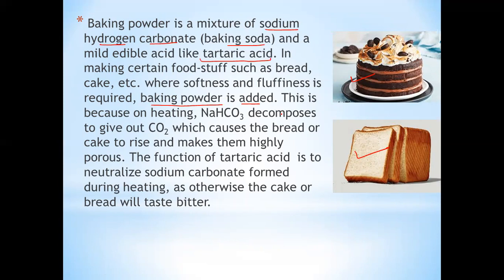This is because on heating, sodium hydrogen carbonate decomposes to give carbon dioxide, which causes bread or cake to rise and makes them highly porous. Now, the function of tartaric acid is to neutralize sodium carbonate formed during heating. Otherwise, the cake or bread will taste bitter.